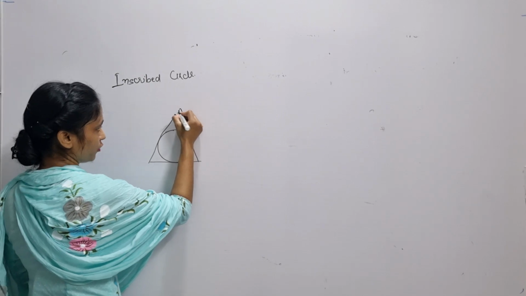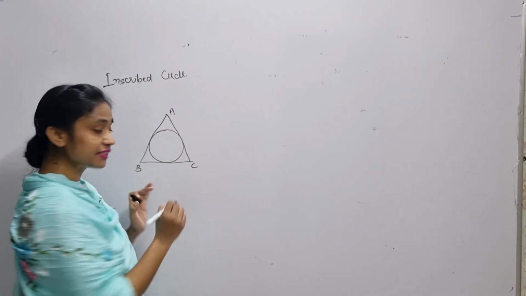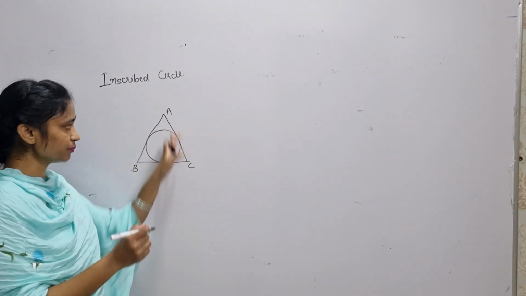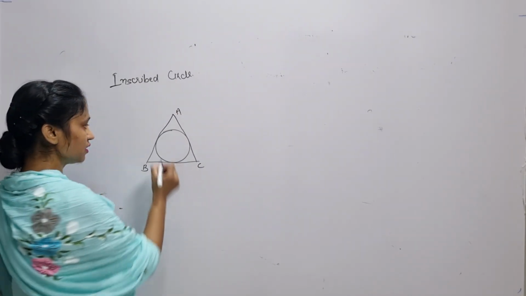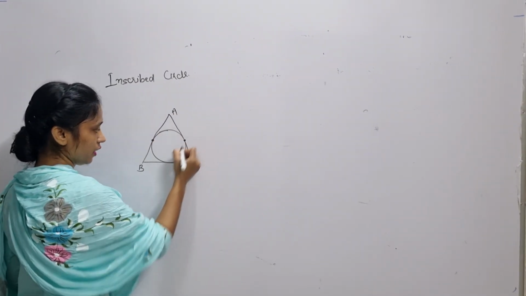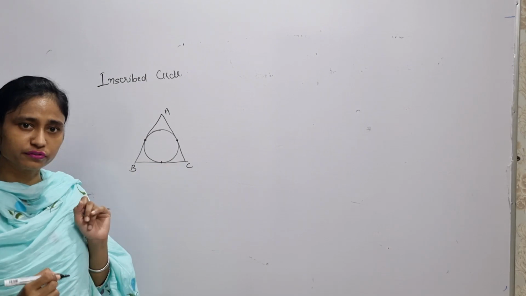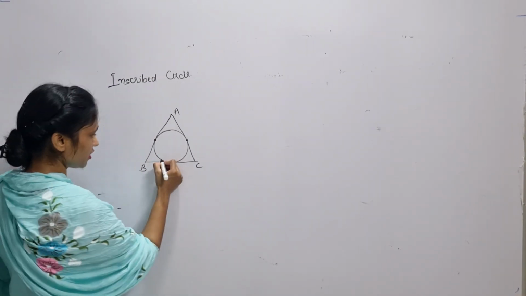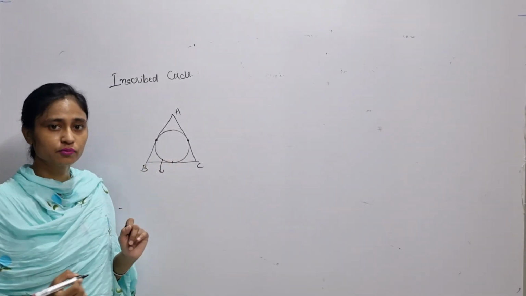We know that a triangle has three sides, AB, BC, CA. So this circle is touching each side of the triangle. So this circle is said to be an inscribed circle.